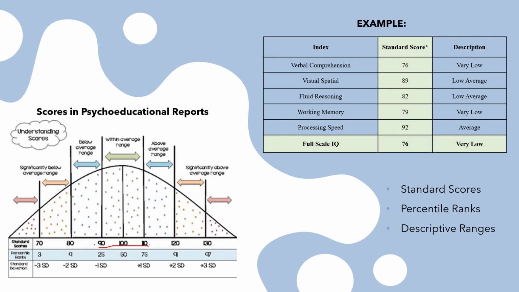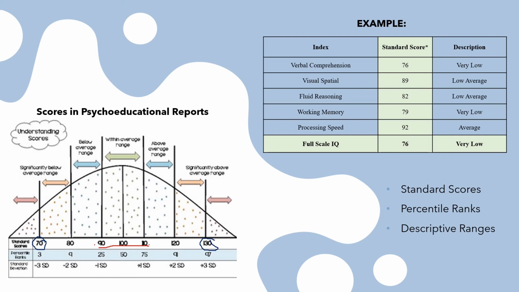If you look at the higher end here, in the significantly above average range and the significantly below average range, these are areas that it's more rare for a student to fall within. So if they score significantly above, we know it's a strength for them. If they score significantly below, we know that that might be an area that they have difficulty with.